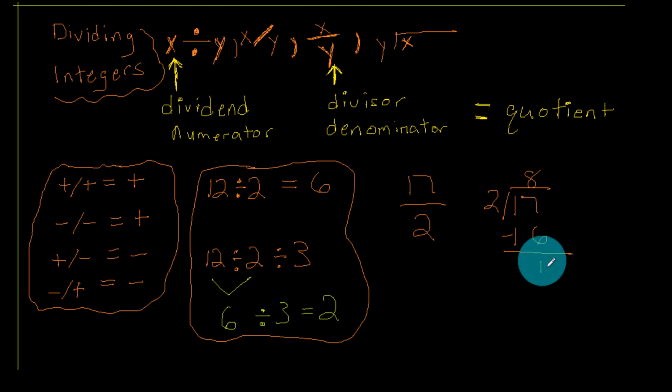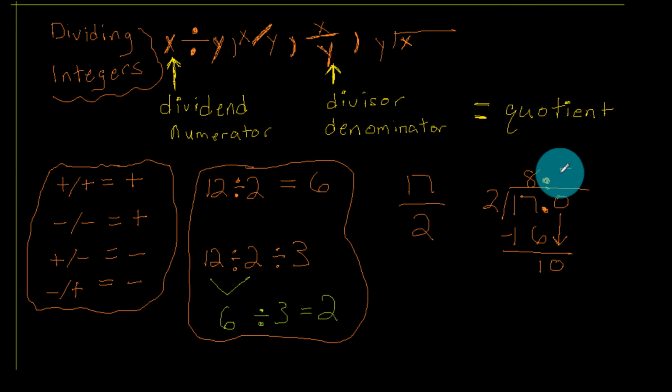But typically when you get more advanced, you'll continue on. You'll say, let's not call 1 a remainder. Let's add a decimal after the 17. And if I put a decimal inside of long division, I have to put a decimal up top. And now I'm going to drop a 0 down. I'm just adding that additional 0. And I'll put a 0 next to the 1 to create 10. 2 goes into 10 5 times.